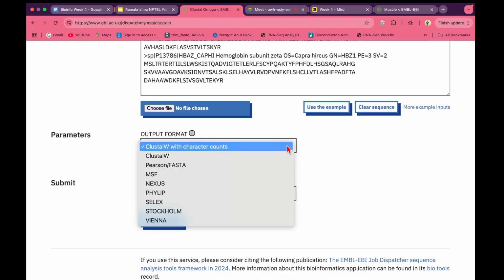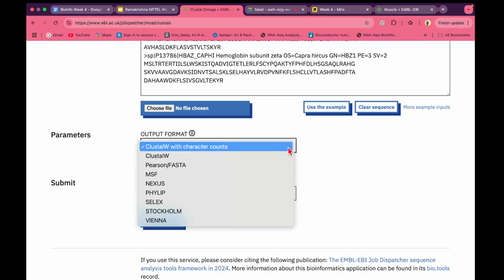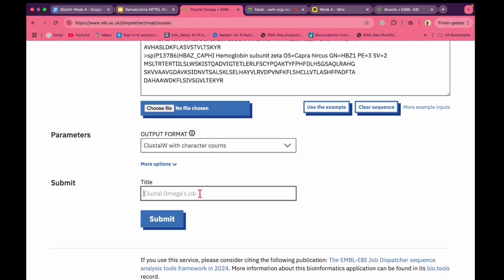We can also decide upon the output format, whether we want to see the Clustal format with the character counts or a FASTA format. I'm keeping the default. So this is trial 1. Submit.